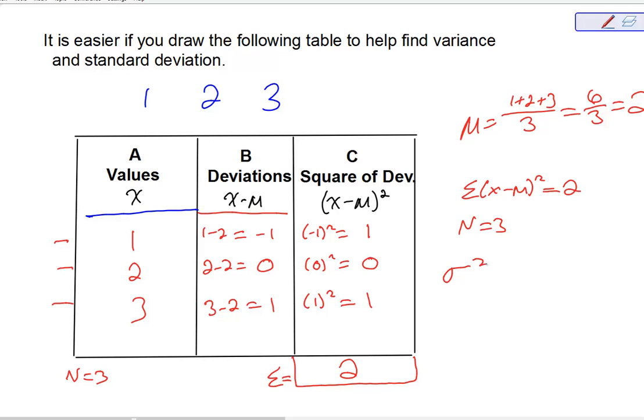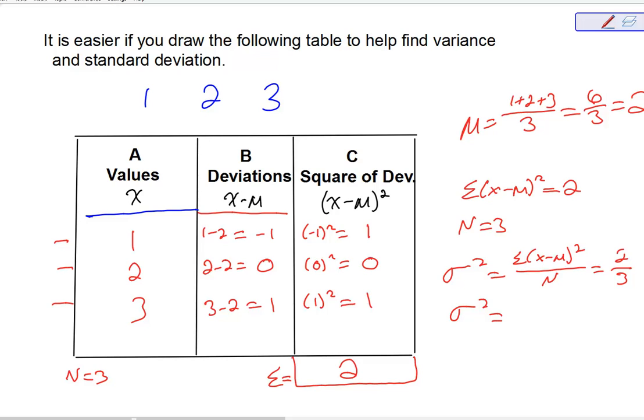So my variance is going to be the sum of my deviations squared divided by my n, which is going to be 2 divided by 3.